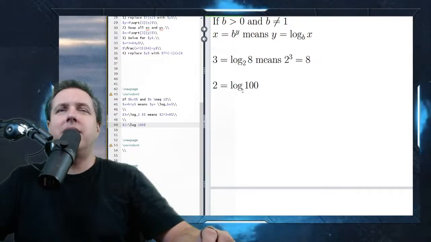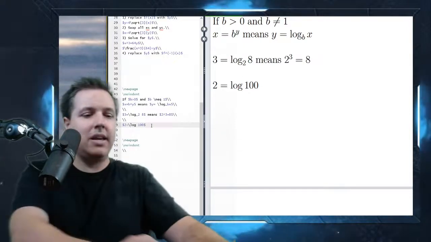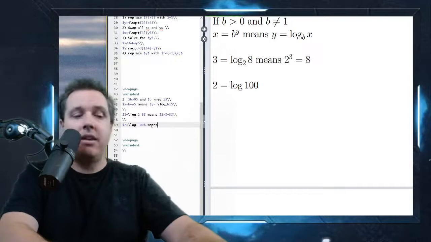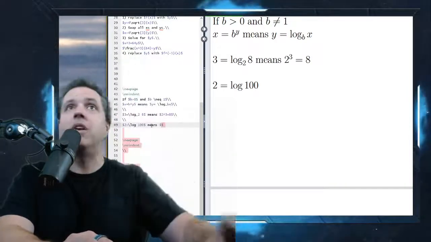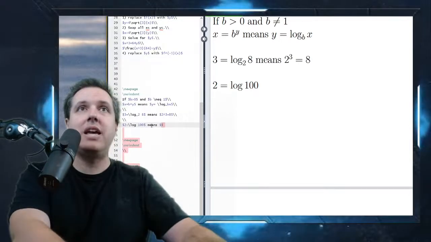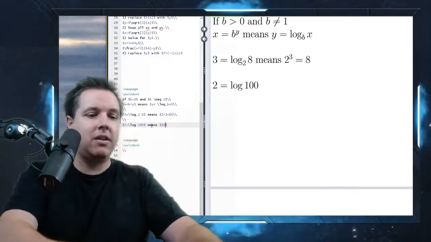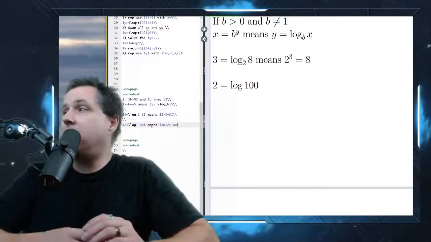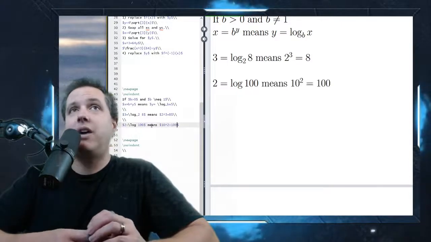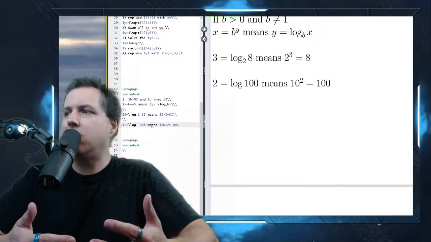How do we make sense of this? Well, if the missing base is 10, because we always assume that the base is 10 if nothing's written there, then this is really saying that 10 squared equals 100. Which again, is not going to impress anybody, right? No one's looking at that and going, what? 10 squared is 100.